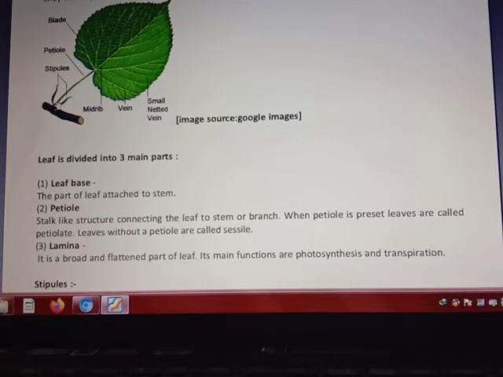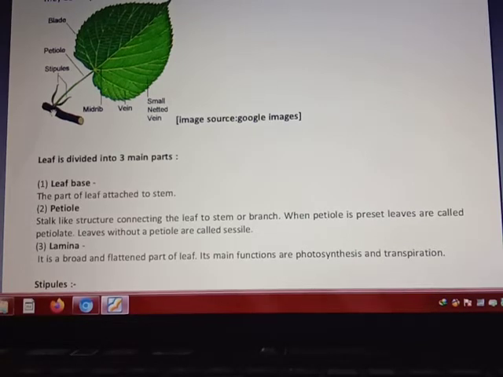A leaf in which a petiole is present is known as a petiolate leaf, and a leaf in which the petiole is absent is known as sessile. And what is its function? Its only function is to give a connection from the leaf to the stem.